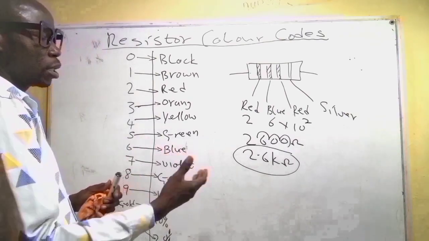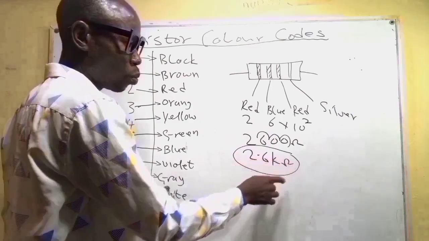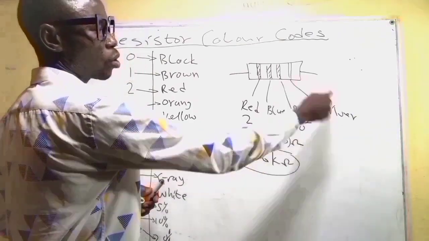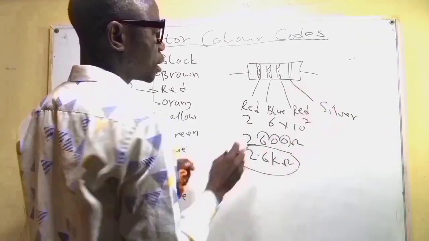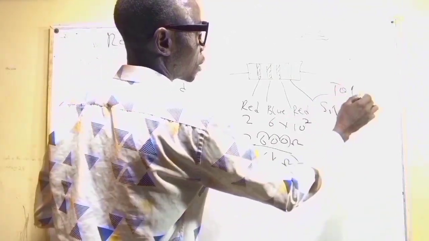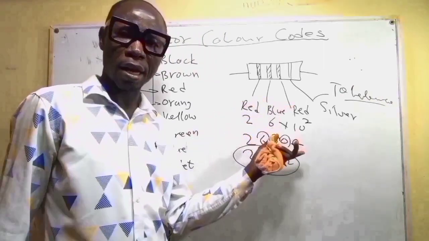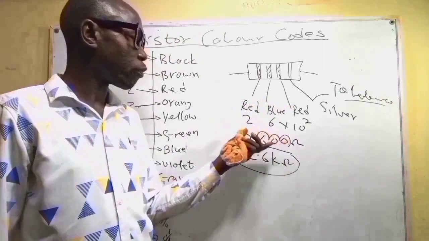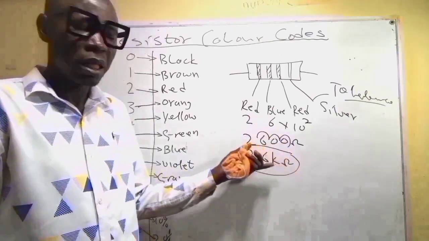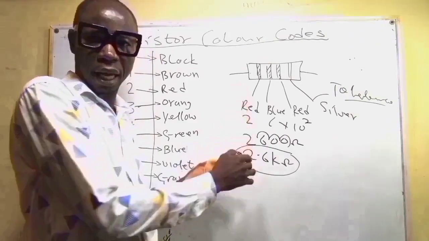When you go and you are not finding the same 2.6 kilo ohms, then you add the tolerance. So this one is tolerance. The tolerance here is used to find the equivalent to replace this resistor.